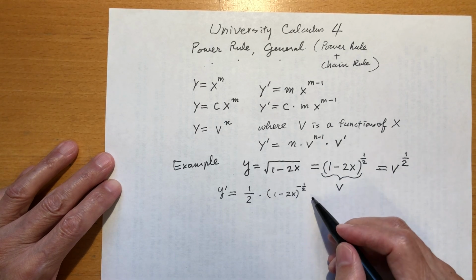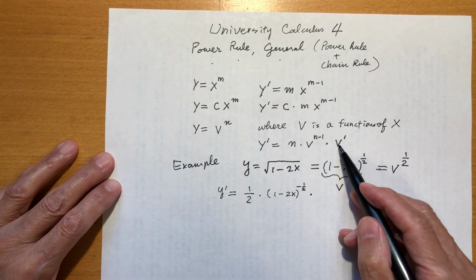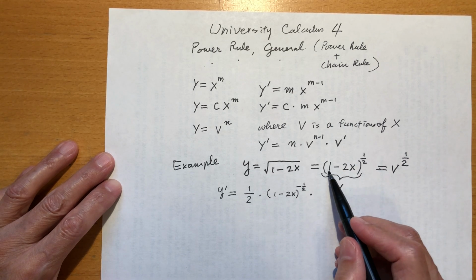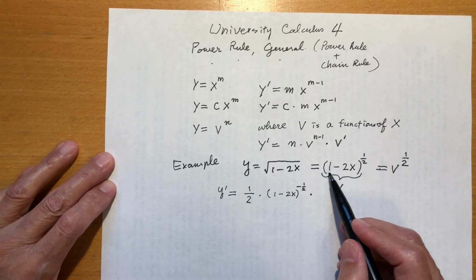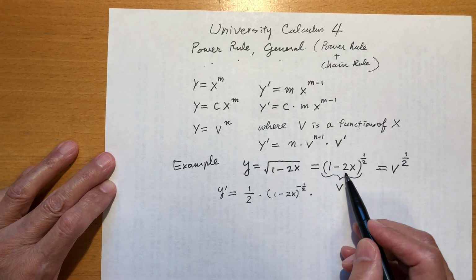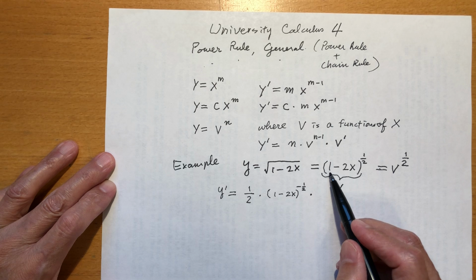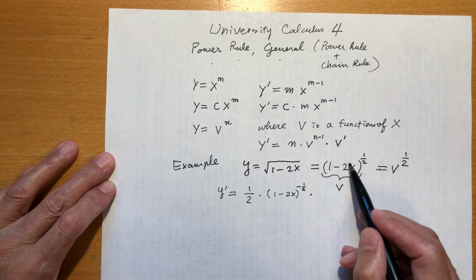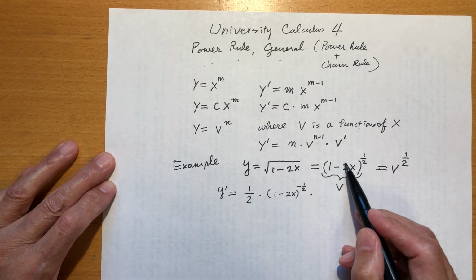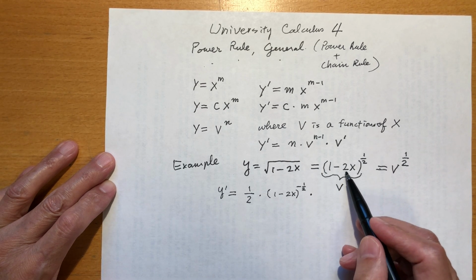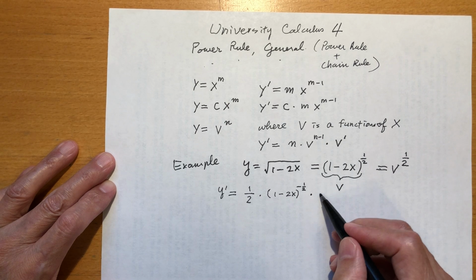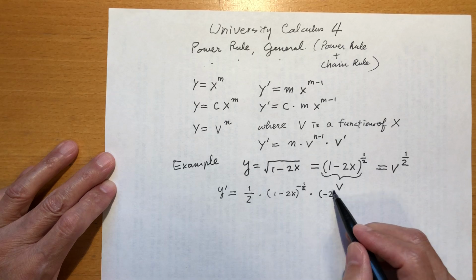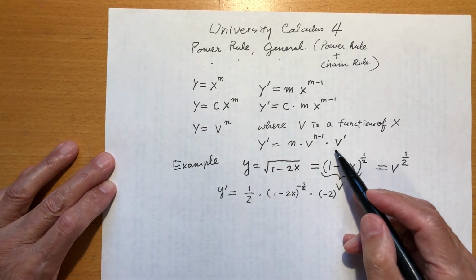I have to multiply the derivative of v. What is v? V is 1 minus 2x. So what is the derivative of 1 minus 2x? It is 0 minus the derivative of this part. But the derivative of 2x is just 2, so it's minus 2. So this is my v prime.